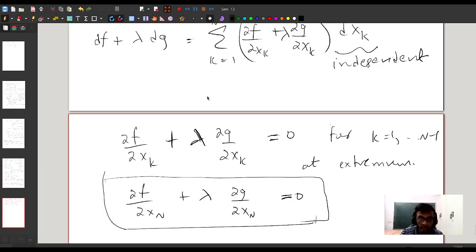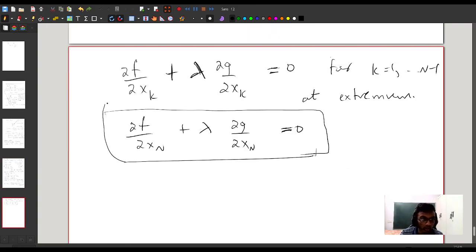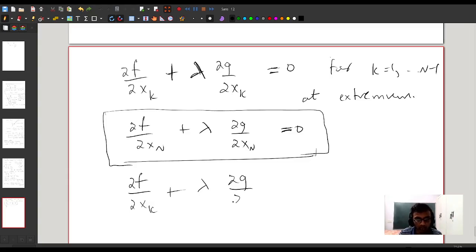Both of these conditions are ultimately of the same form. So if you can solve this set of equations for some lambda, we would have found the extremum.